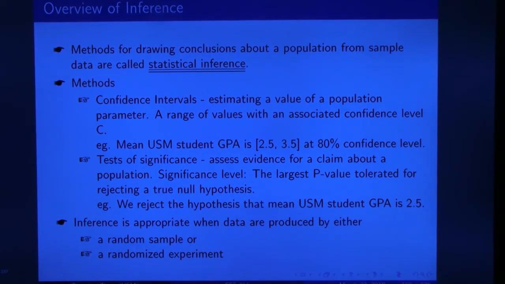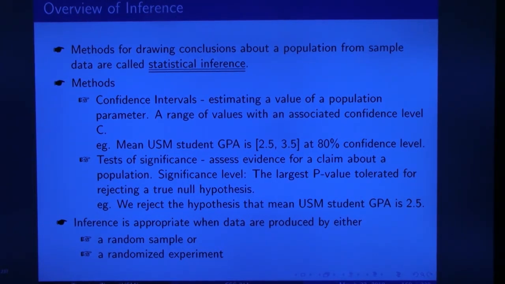So far we already know the survey or the experiment we studied so far is only applied to a sample. But the conclusion we obtained, we want to apply to the population. So any method for drawing conclusions about population from sample data is called statistical inference.